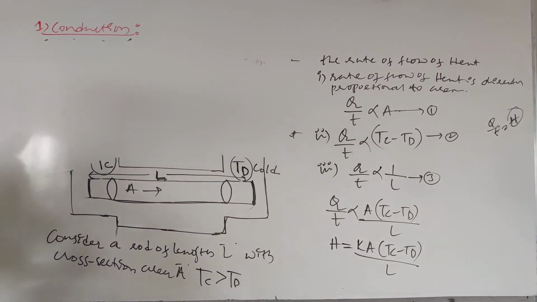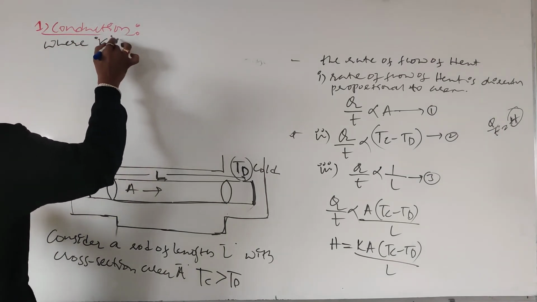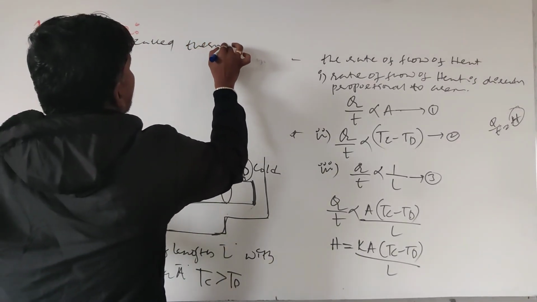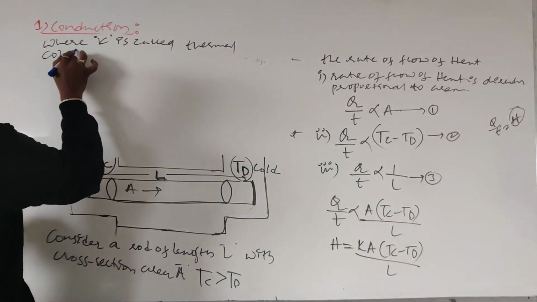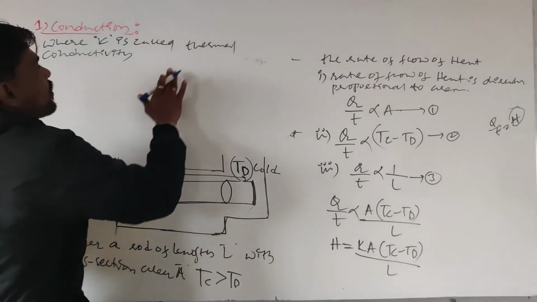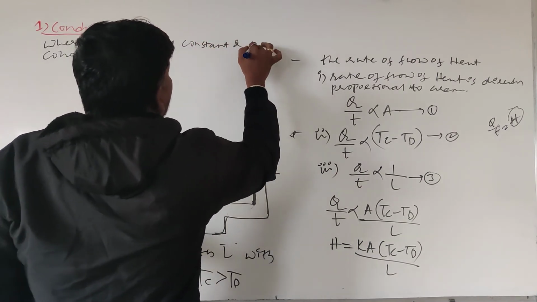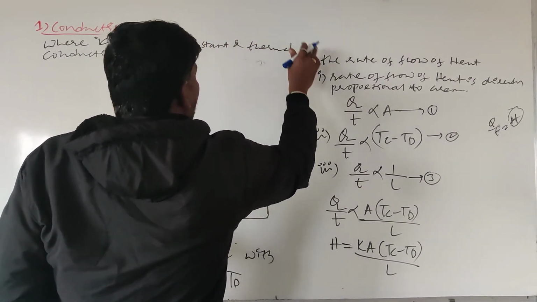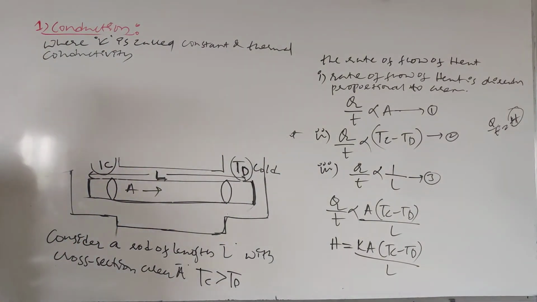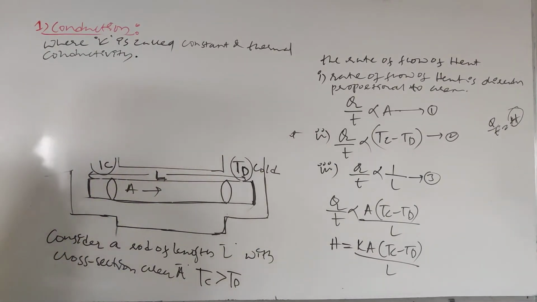Where K is called the thermal conductivity, it is a constant.